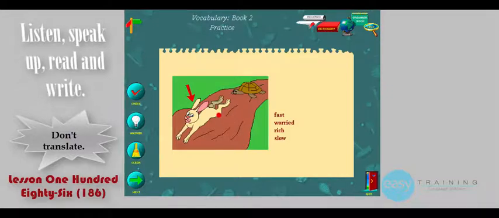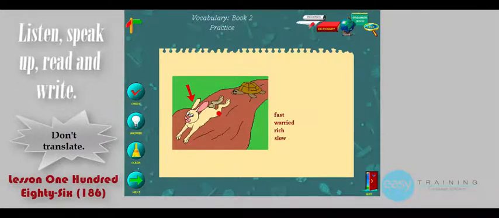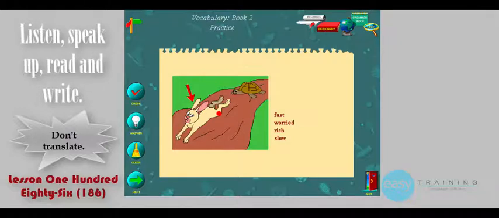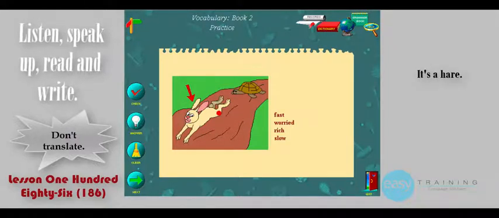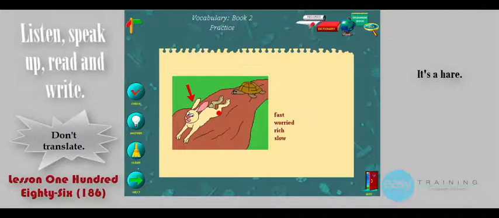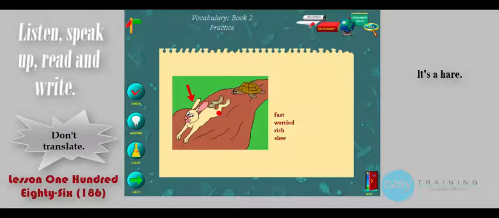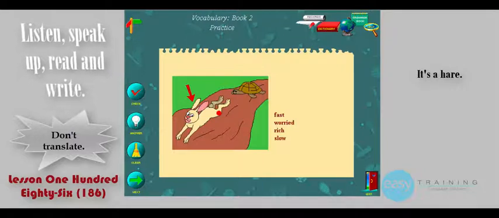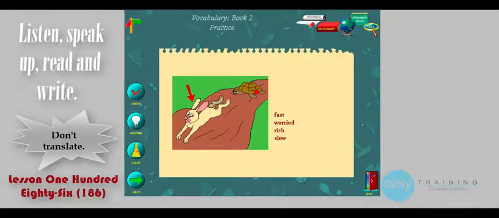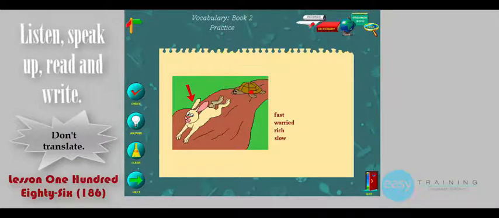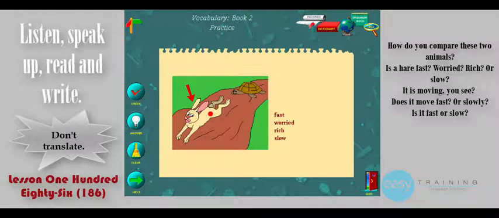Here is an animal. What is this animal? What do you call this animal? It's a hare. H-A-R-E. And here is a turtle. How do you compare these two animals?